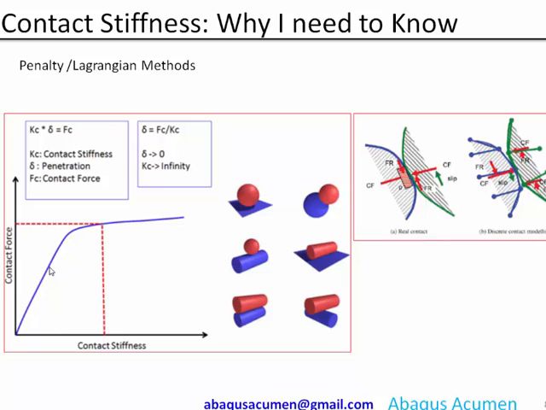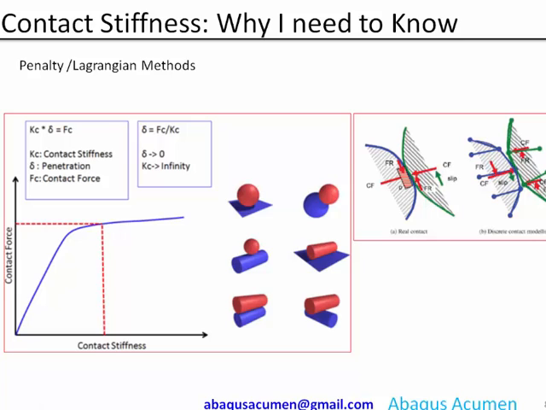Suppose both contacting bodies are steel, then you start with the steel modulus, and then 1E, 2E, 3E, you keep increasing the contact stiffness. Once you plot the contact force, at one particular point you see there is no change in the contact force even though you change the contact stiffness, and that is the optimum contact stiffness for you. Since there is not much change in contact force, there is no change in contact stresses also.